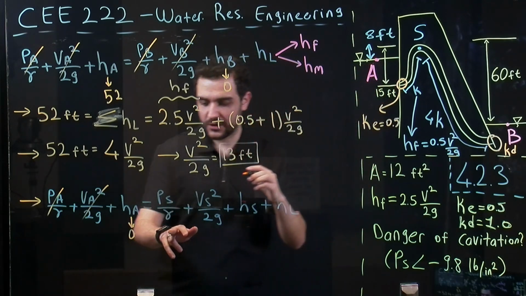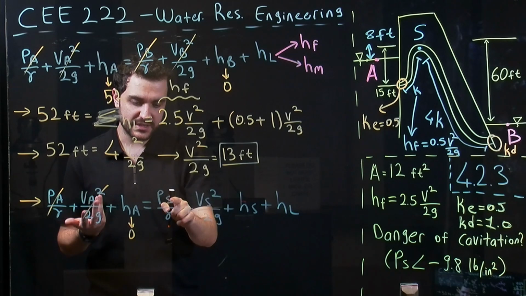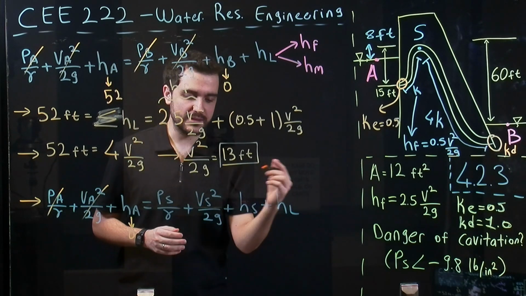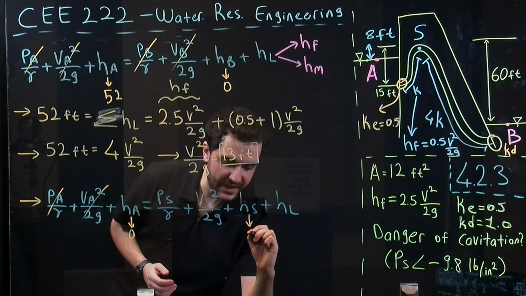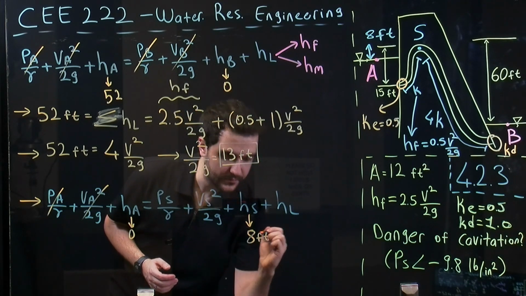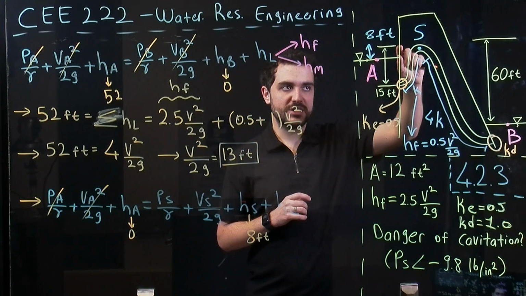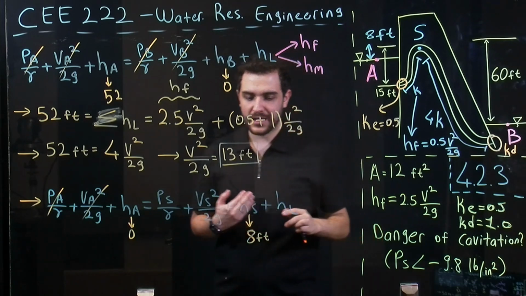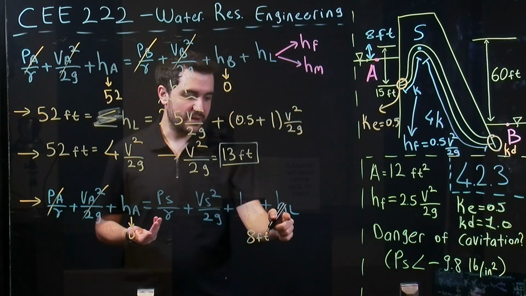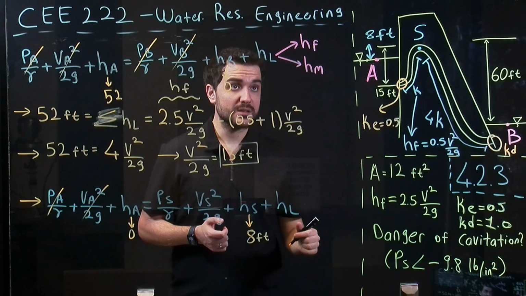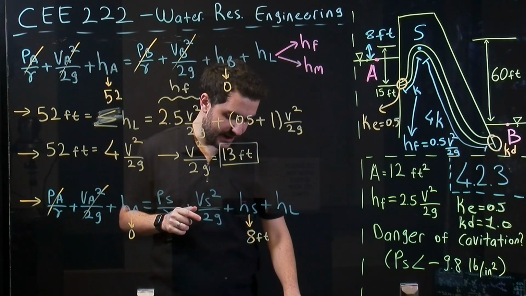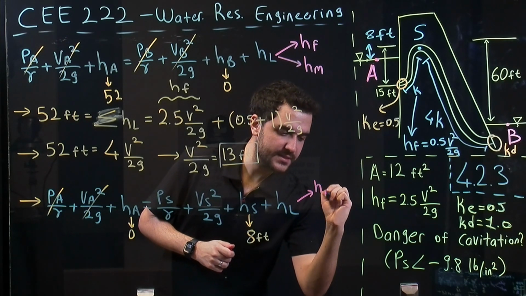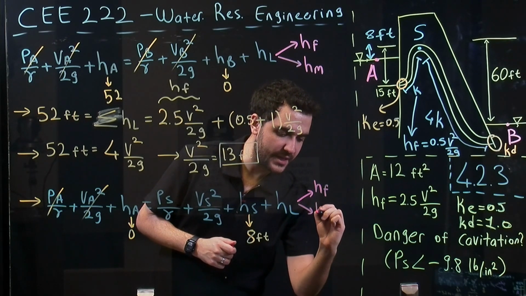And on this side, of course, we will have pressure, we will have velocity, and the elevation is 8 feet because it is given in the question. So this distance is 8 feet here, and we will have head loss. Similar to this equation, we will have two different head loss terms, which is HF and HM.